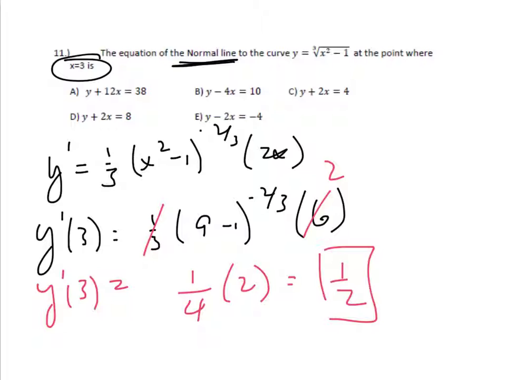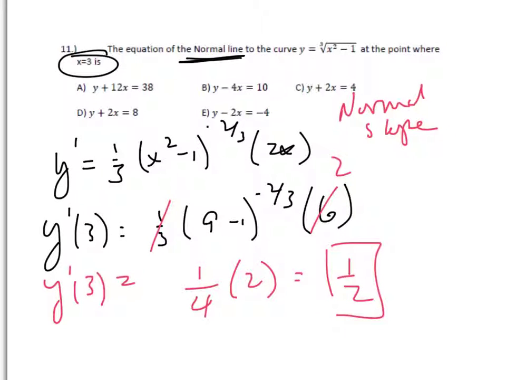That's not helping us. We need the normal, so that means the normal slope. So the normal slope is negative 2. So since the normal slope is negative 2, we have an x value. We should know the y value is 2. When you plug in the 3, you get y is equal to 2.